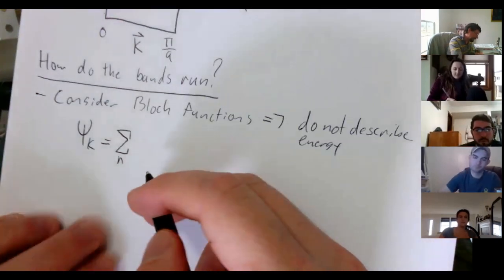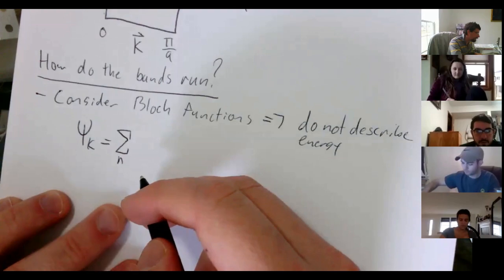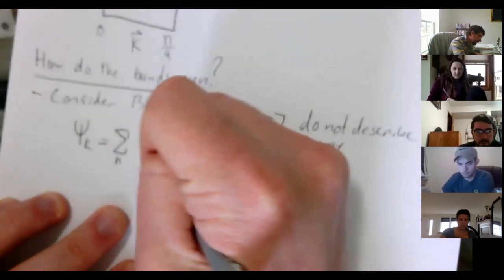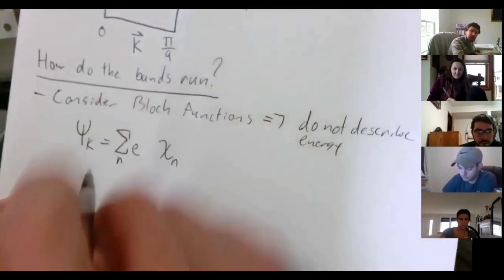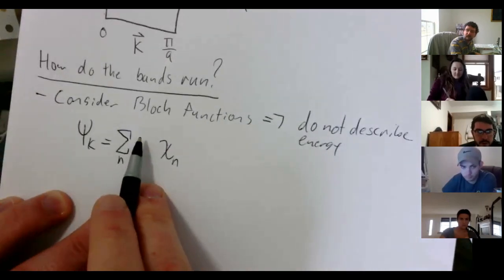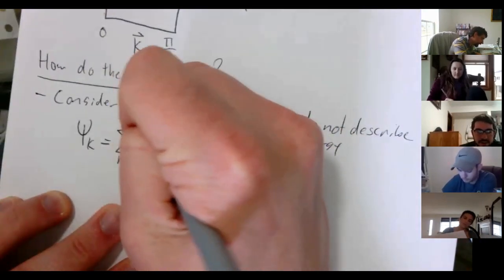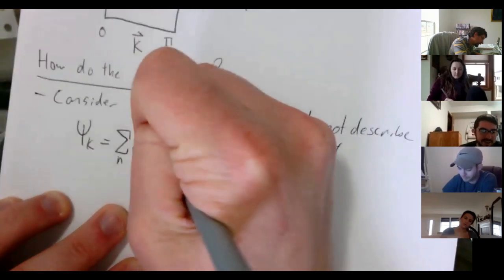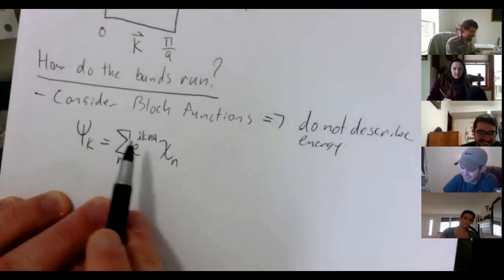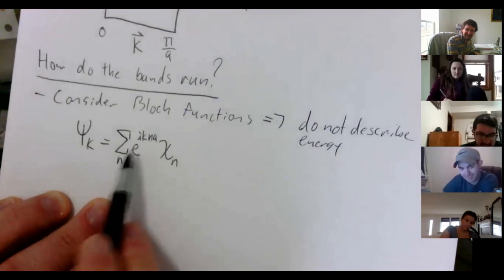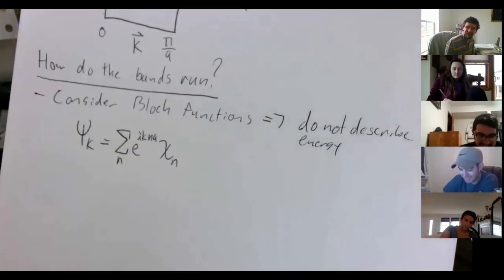Is it c_n times chi of n? Yep, the last term is chi of n. We had an e. And what was that exponent? i a k n. Yep. I don't know, we'll go with it.